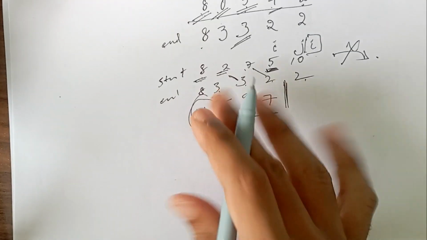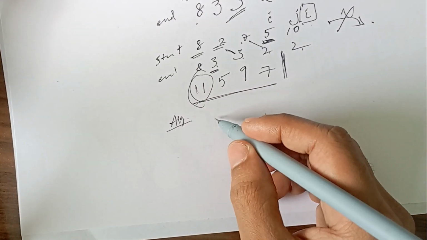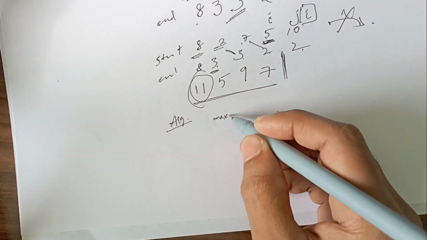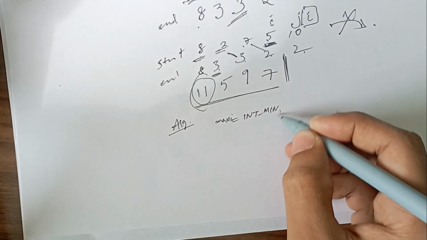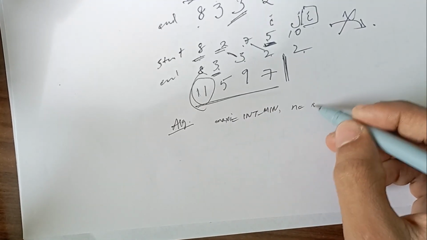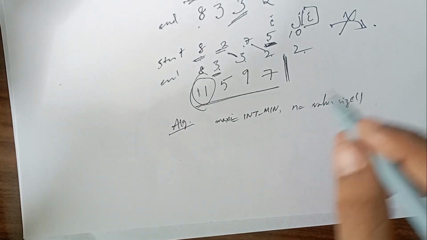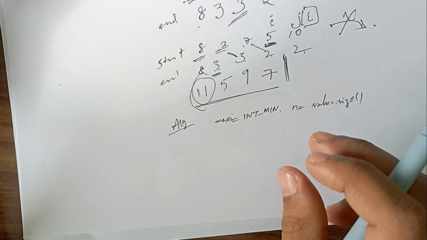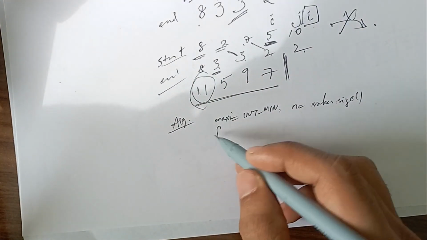So the algorithm is: first initialize the maximum element which we need to return as int min, and n will be the size of the given array. Now, as I said, we'll be constructing this start and end. Go through it.